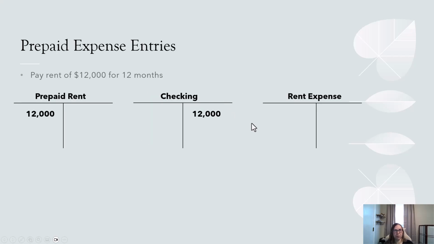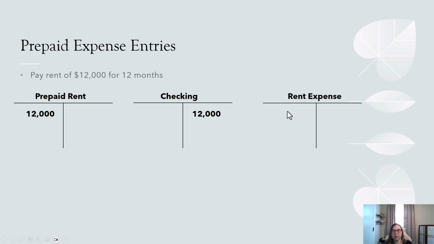So for example, let's say a company pays rent of $12,000 for 12 months. That breaks down to $1,000 a month. Under this process, if you're using accrual-based accounting, you would put it in a prepaid rent asset account. And then of course it would probably be deducted from your checking account or cash.